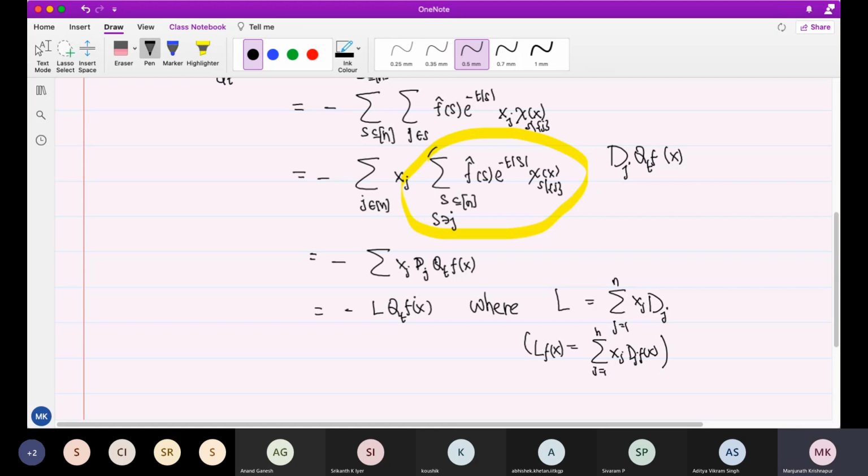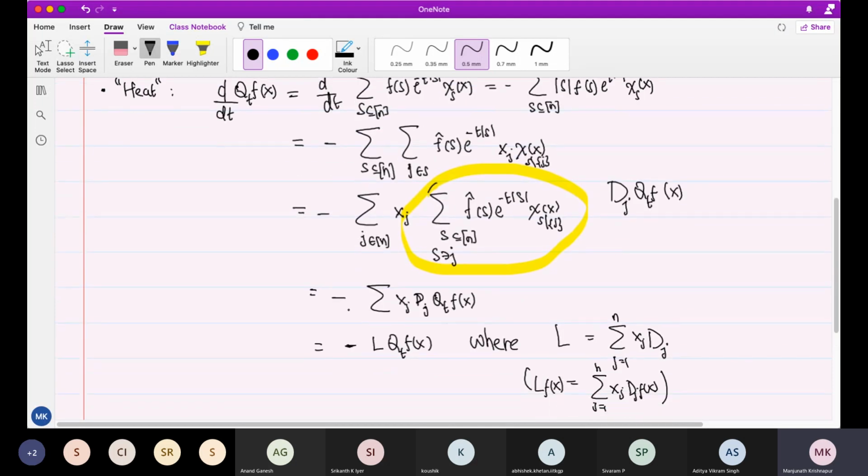This thing looks like, if you remember, the heat equation. So let me just write here. What is the heat equation? It is d by dt of u_t of x equals the Laplacian of u_t.